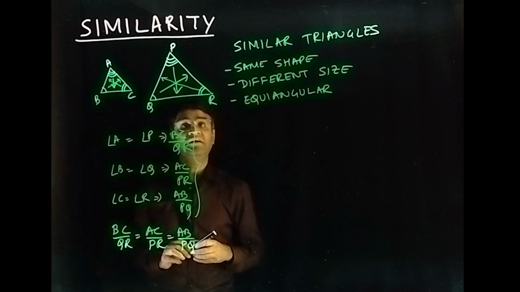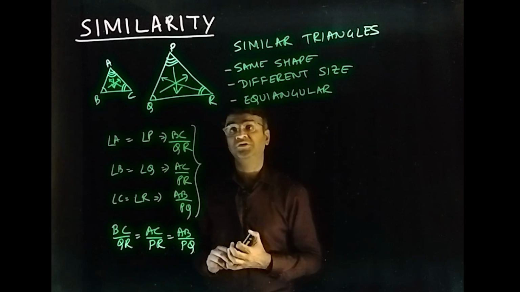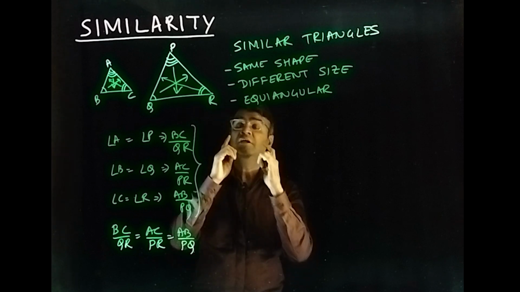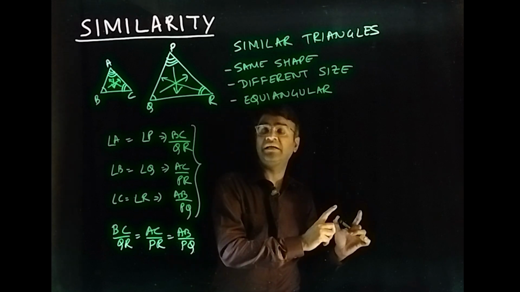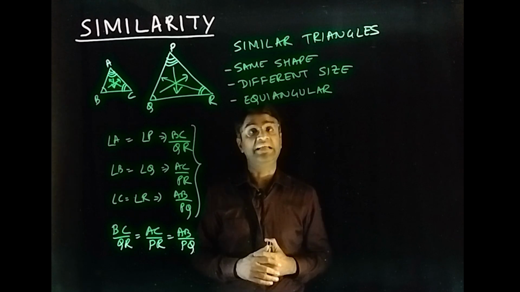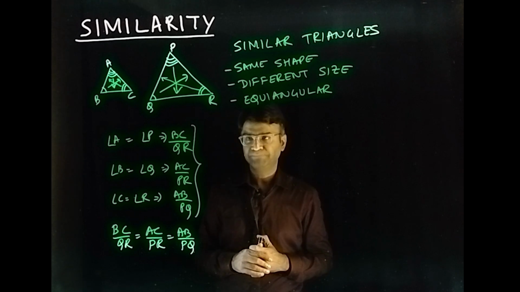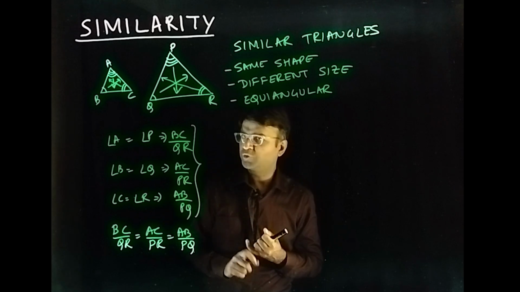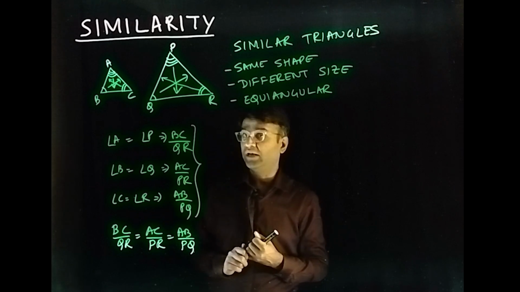This is how we conclude the proportional sides from the equal angles. That means the sides opposite to equal angles are proportional in similarity. Now we learned how to identify the proportional sides using equal angles.